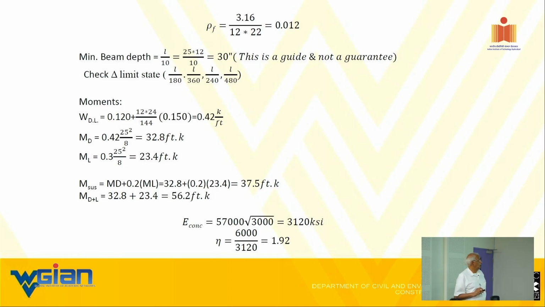So, from my recollection, L/180 is the deflection limit state for cases of roofs that do not have major failure concerns. The lower value, L/480, is for roofs with a major concern. Okay.